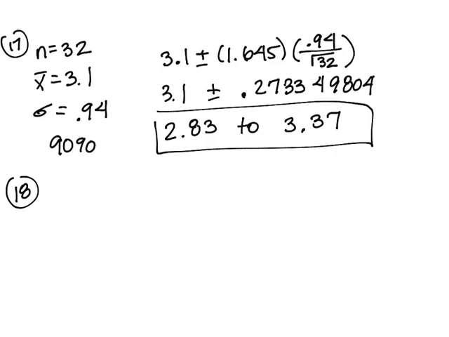Now 18 is wanting you to find the value that's missing. So that's the row for 45 to 59. They're giving you the relative frequencies. So we know all relative frequencies equal what? Right. If you want to do it in percent, your relative frequency column has to equal 100, but in decimal form it equals 1.